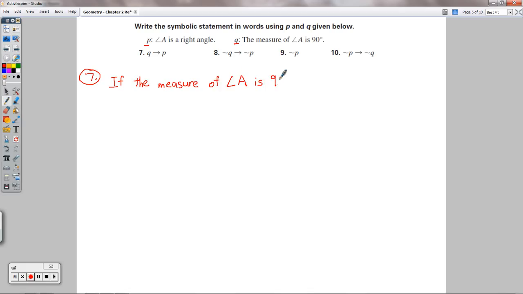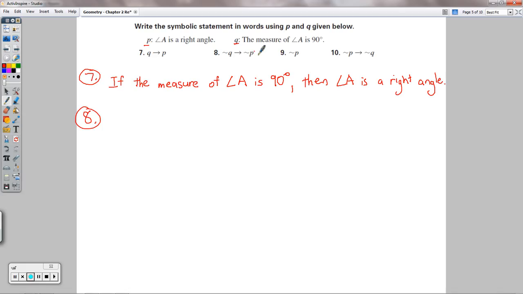But I'll write it out in case your teacher's not as forgiving as I am. So if the measure of angle A is 90 degrees, then angle A is a right angle. And it specifically says write the statement in words, so probably a good idea that I'm writing it all out.